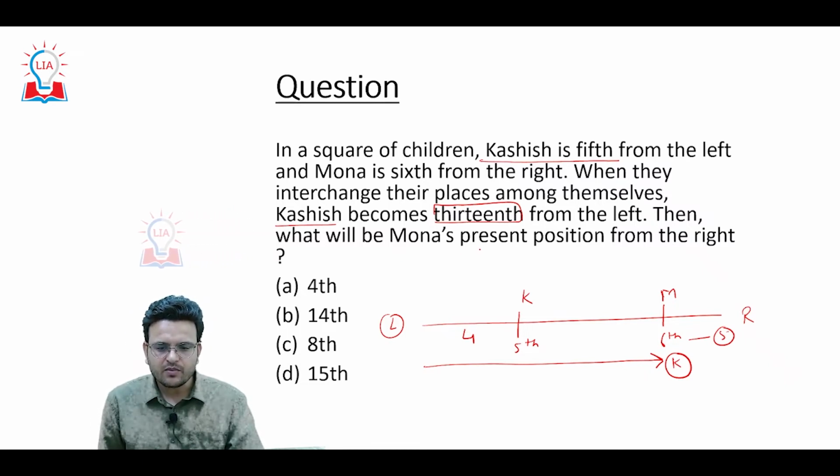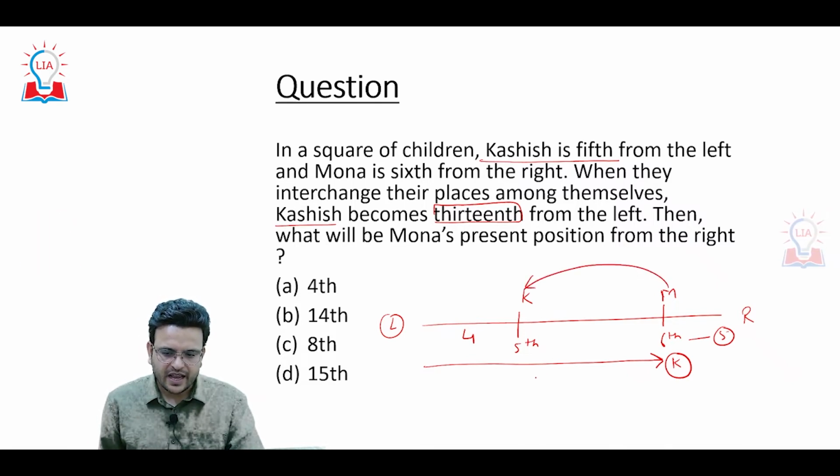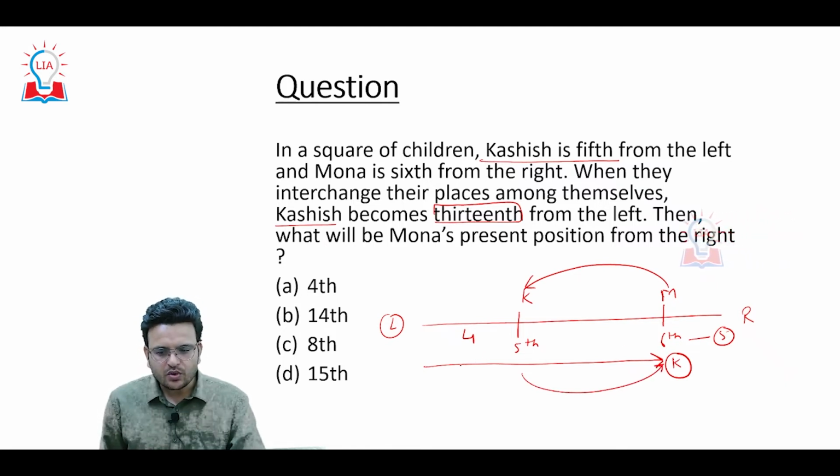Then what is Mona's present position from right? So Mona will become here and Kashish has reached here. Okay. So how many total students? Kashish's position from right is 6, from left is 13.